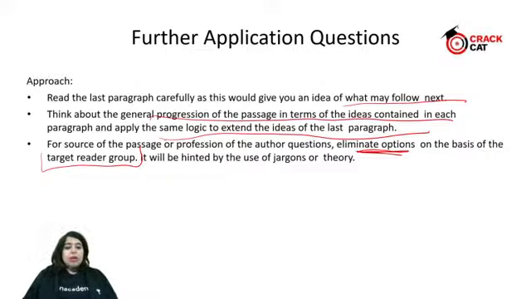Look at all the jargon, the technical terminology, and the theories postulated in the paragraph. For example, if the paragraph talks about the theory of absolute relativity, definitely a historian will not use such a theory. So we have to come up with such ideas to eliminate certain options.